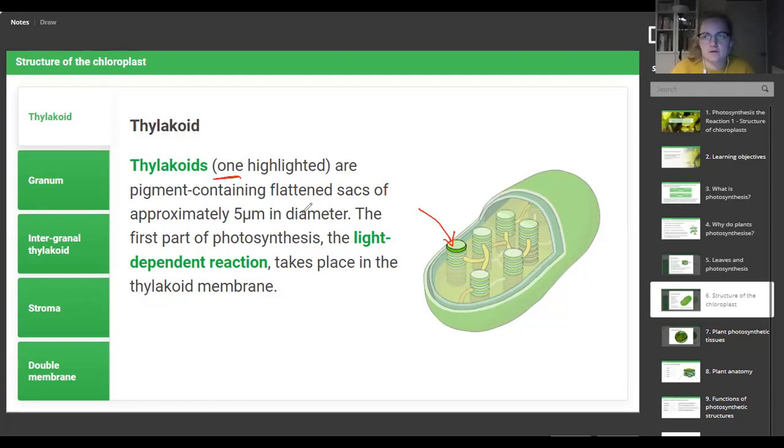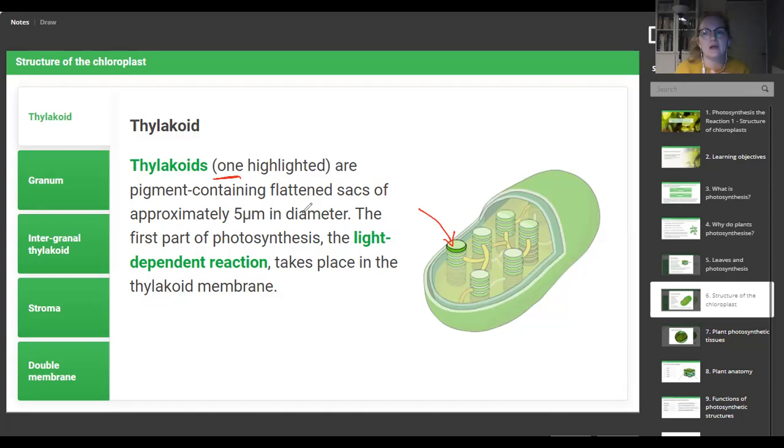So if we think back to the beginning of this, I've said that photosynthesis is a complex 2-part process. The first stage of photosynthesis is called the light dependent reaction. So it's the part of the reaction that needs light for it to occur. And that takes place in the thylakoid membrane.